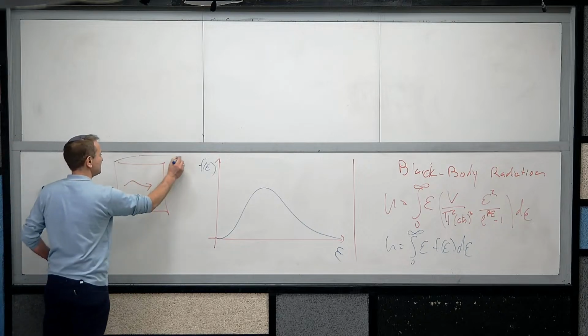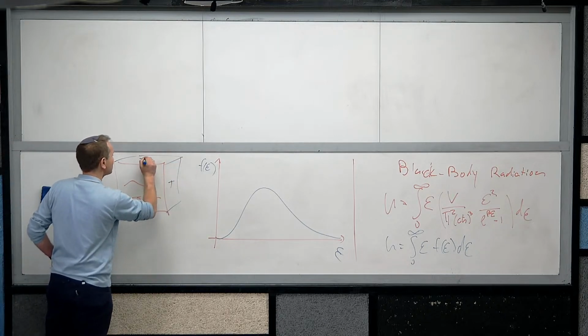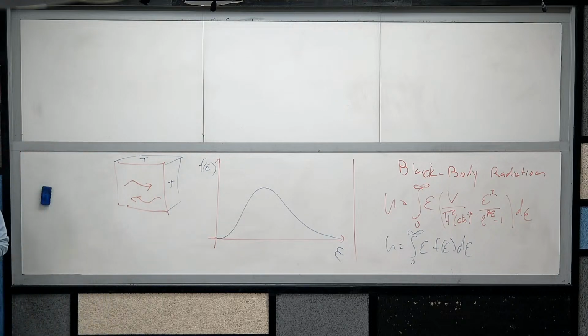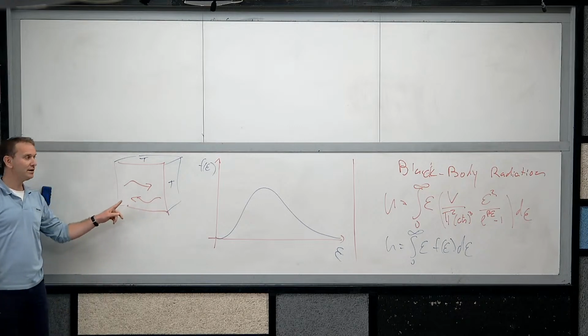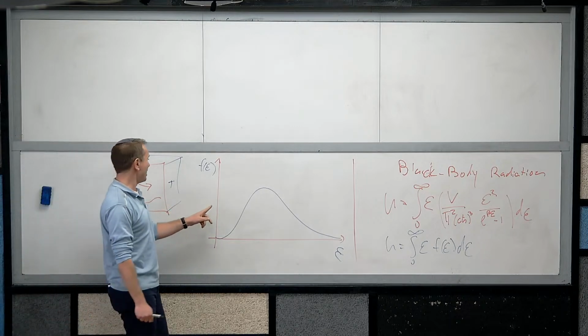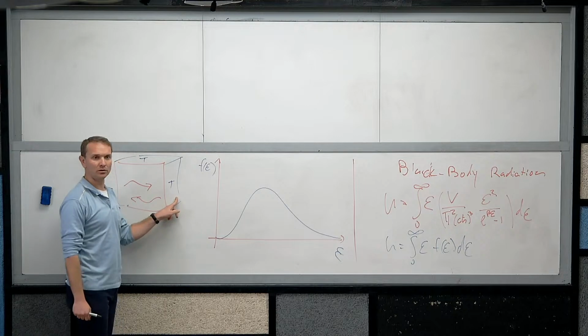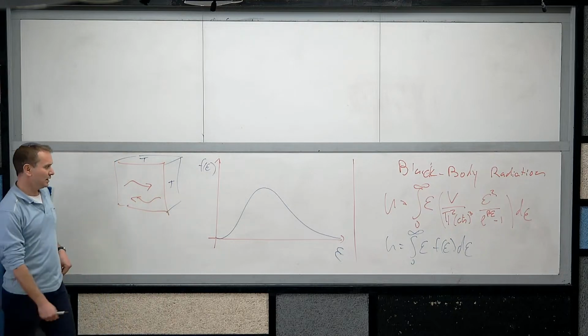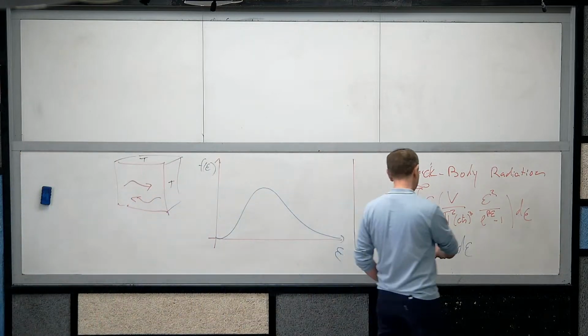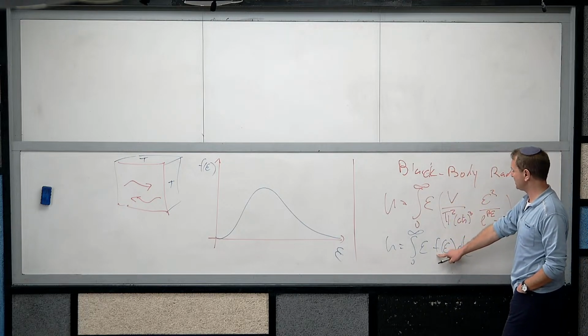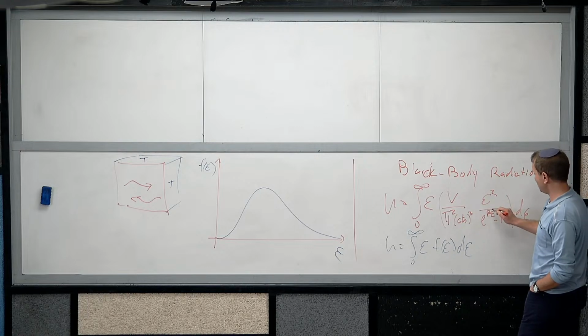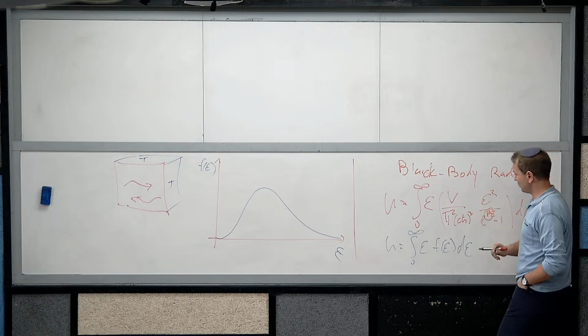This body has a specific temperature, which is uniform along the body, and by looking at the spectrum of the waves, we can understand what is the temperature of the body itself. Specifically, there is a dependence of this f of epsilon on the temperature T, which is exactly over here.